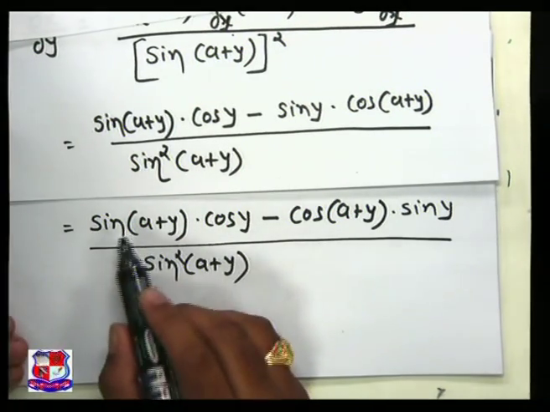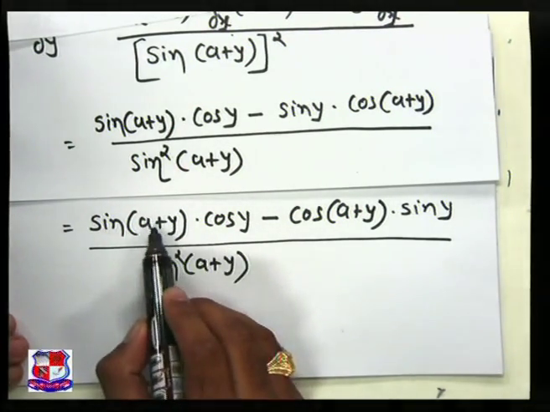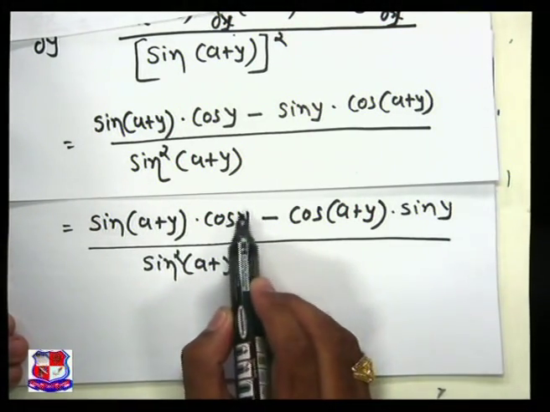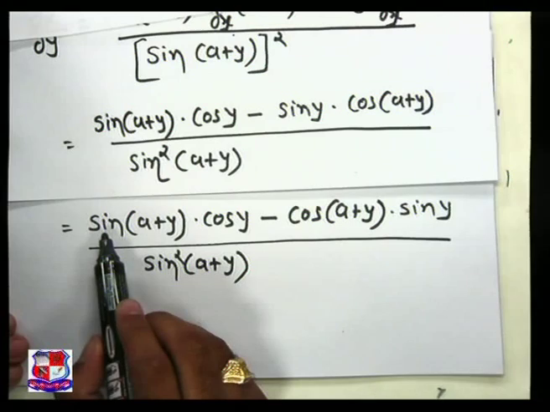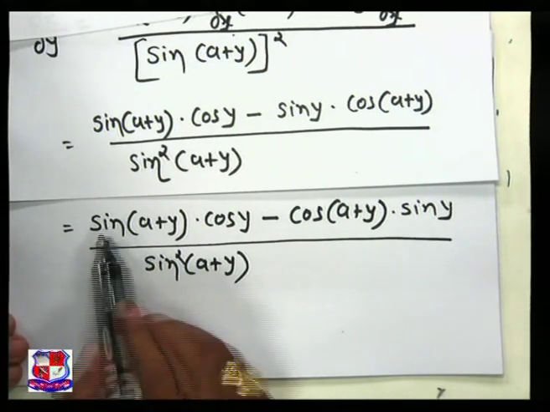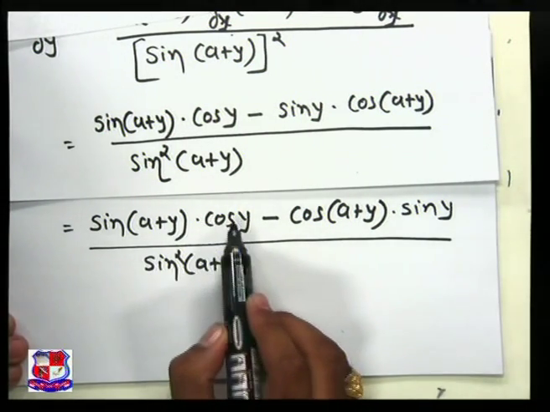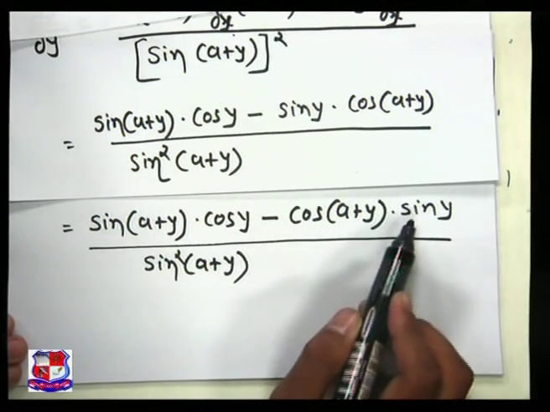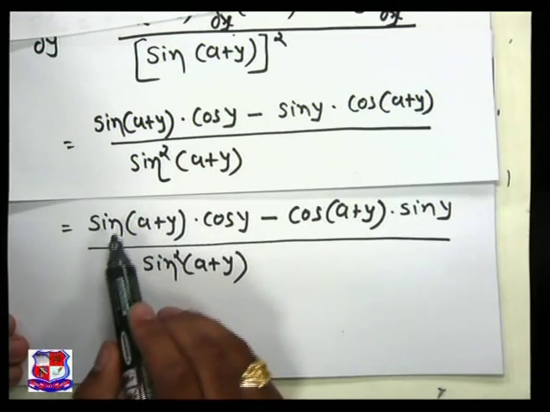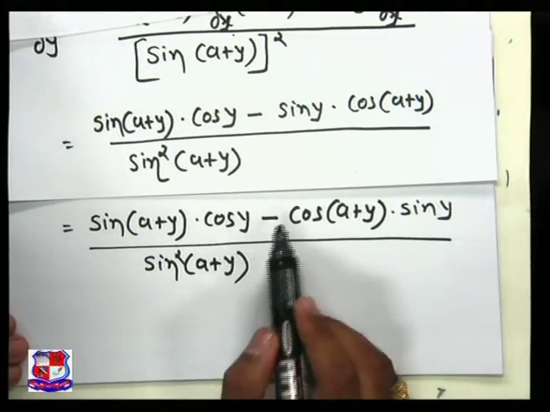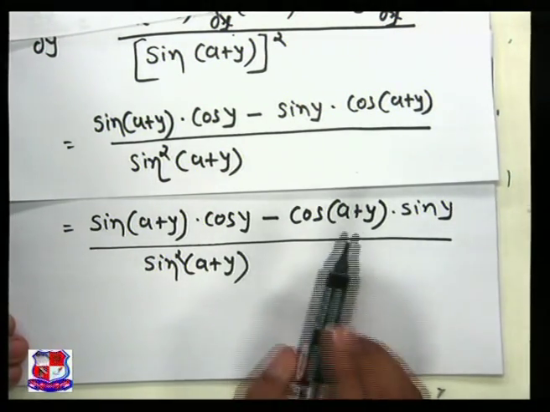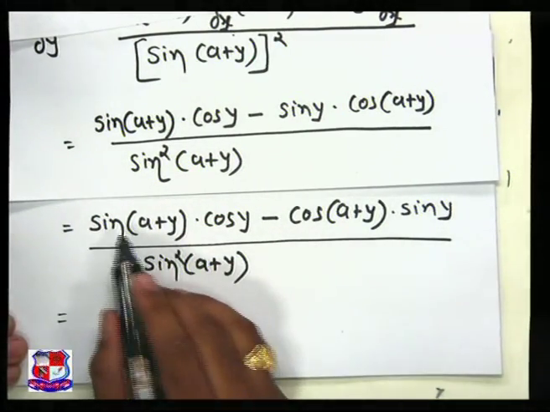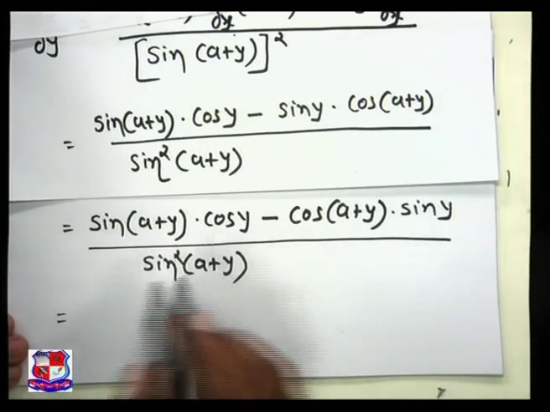Now just imagine the terms: a + y is alpha and y is beta. Now imagine the numerator, that is sin alpha cos beta minus cos alpha sin beta. This is nothing but sin cos, cos sin with a minus, so the result is sin(alpha minus beta).